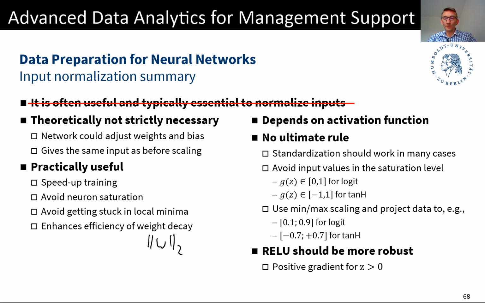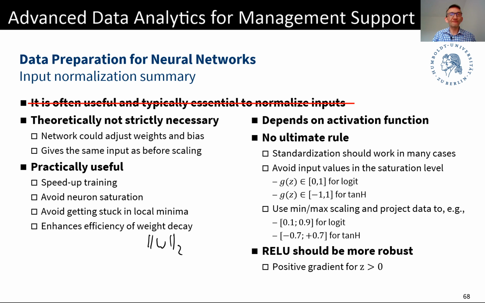L2 penalty, where we penalize large coefficients of our features. If all the features have the same value range, then the weights in the neural network, especially in the input to hidden layer, do not need to adjust for different value ranges of the features, so that their magnitude can really focus on the importance of that feature, as opposed to capturing its importance, but also its value range in comparison to other features.